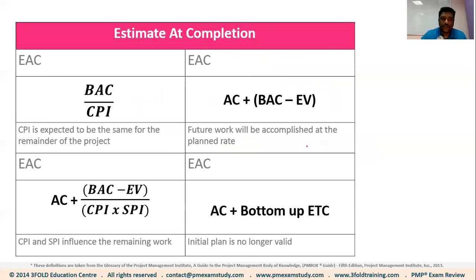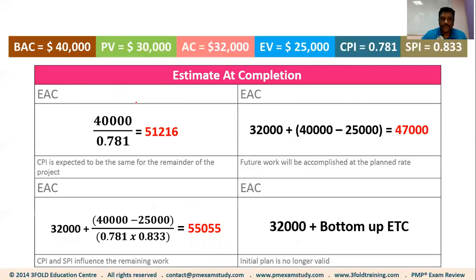So we use the first formula here, which is to take the total project budget and divide it by the CPI. So I'm taking $40,000 and dividing by my CPI, 0.781. Using this assumption that past performance is typical throughout the project, my EAC is $51,216. All right, so that's the first assumption.